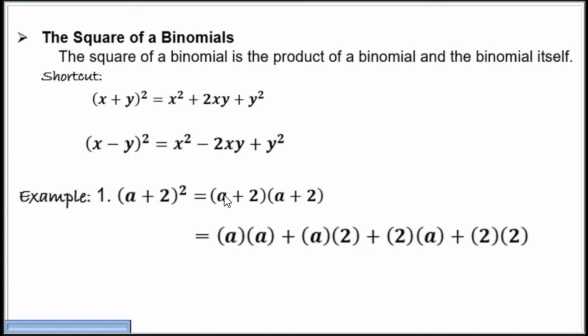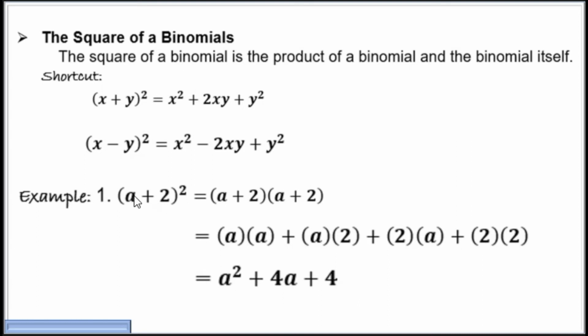So we have a times a using the FOIL method. So a times a, plus a times 2, plus 2 times a, plus 2 times 2. Simplify: a times a is a squared, plus a times 2 is 2a, plus 2 times a is 2a, 2a plus 2a is 4a, plus 2 times 2 is 4.